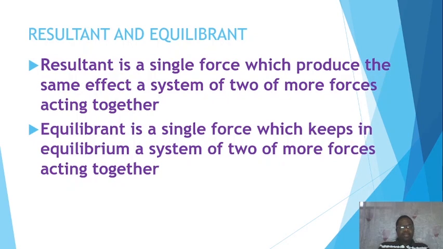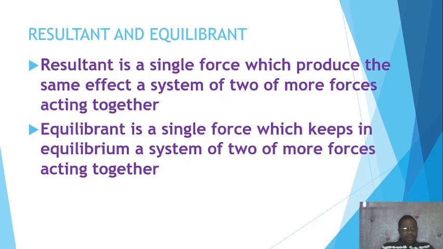Now, equilibrant. Equilibrant is a single force which keeps in equilibrium a system of two or more forces acting together. For instance, consider a horizontal beam resting on a pivot, and there are two or more loads on one side of the beam.